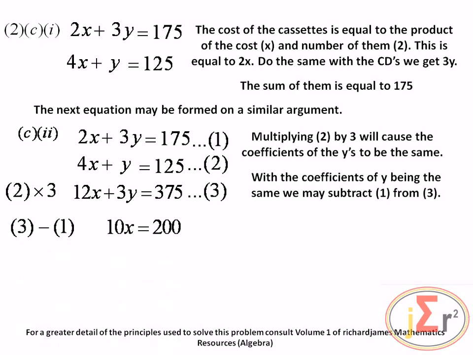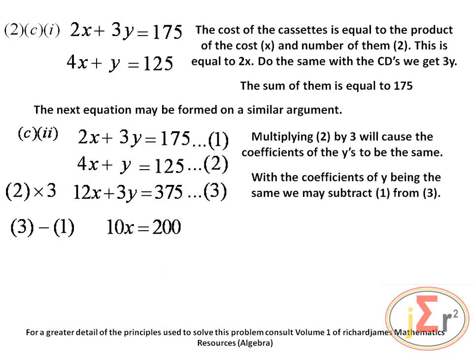Students may want to take an approach that avoids using the negative. Of course, we know that people who are using Richard James mathematics resources are very skillful at manipulating positive and negative numbers. But why put ourselves through it if we don't have to? So we avoid the negatives in this particular case by subtracting equation 1 from equation 3.